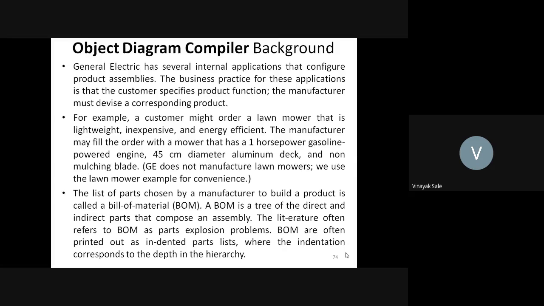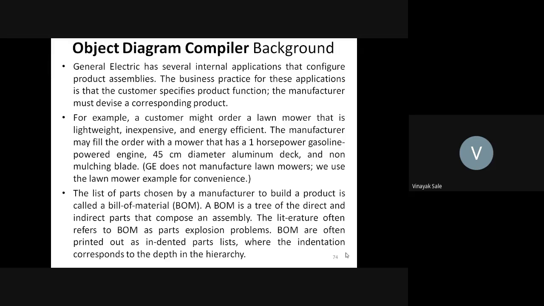Another example: General Electric has internal applications that configure product assemblies. The business practice for the applications is that the customer specifies product function, and the manufacturer must devise the corresponding product. For example, the customer might order a lawn mower that is lightweight, inexpensive and energy efficient.